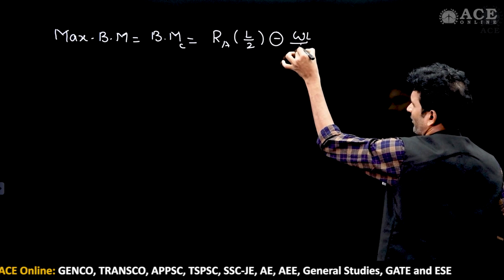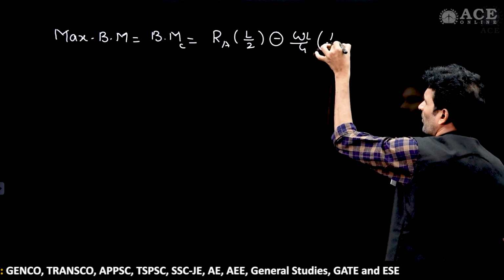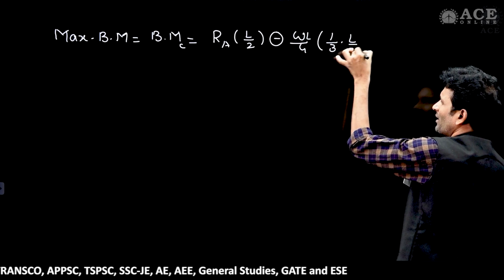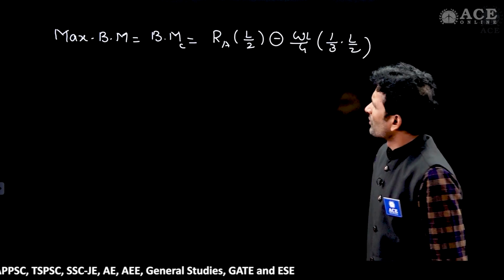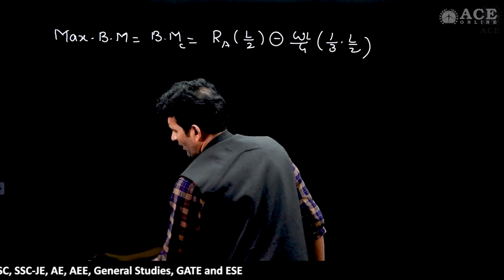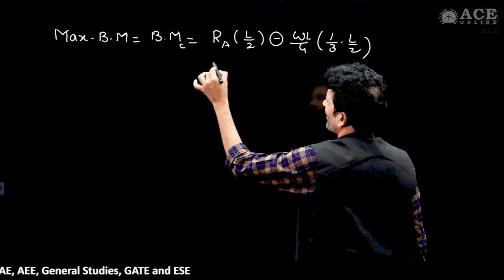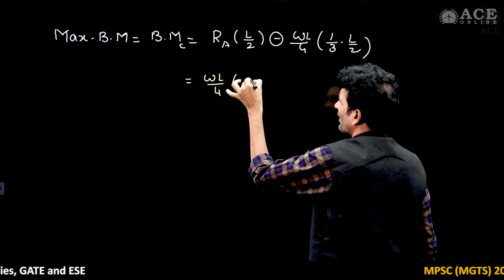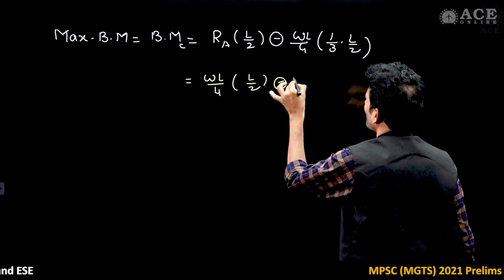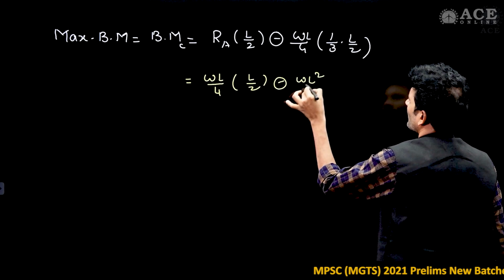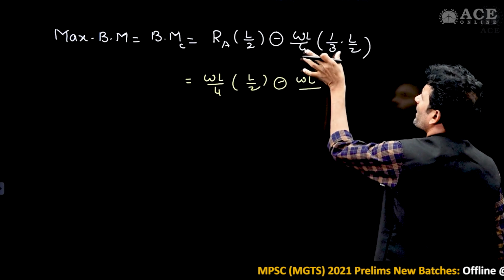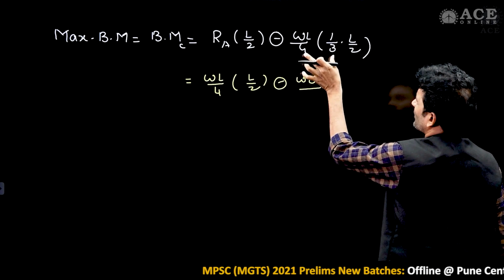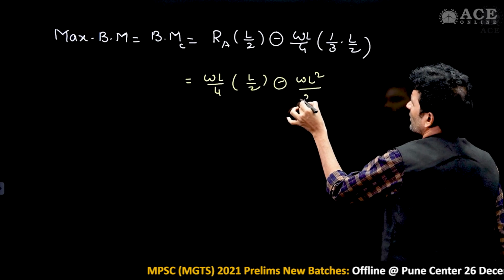Simplify this. What is the RA value? RA is omega L divided by 4, into L by 2, minus omega L square divided by 4 into 3 into 2, that is 4 3s are 12, 12 2s are 24.